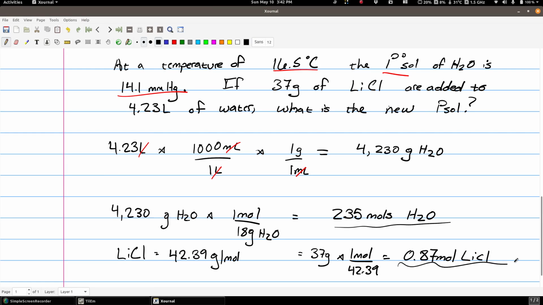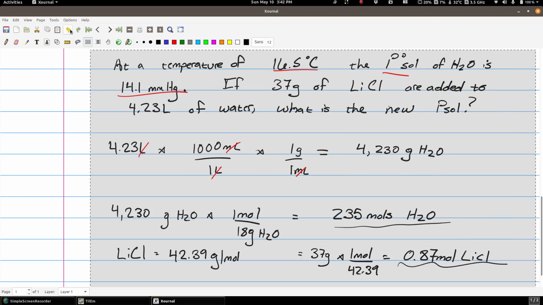Both of these are important, so I'm going to copy all of this and take it to the next page.